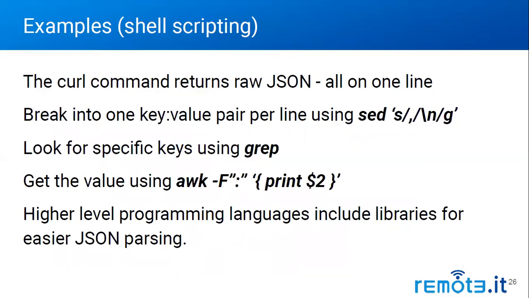So just for the purposes of this demonstration, I'm going to be using the sed, grep, and awk functions to show you how I can filter out the things that I'm interested in. If you are writing shell scripts, you can use the same approach. Or if you're using a higher level programming language, like any of the ones that I mentioned, generally these will include much more flexible and powerful libraries that allow you to do easier JSON parsing.